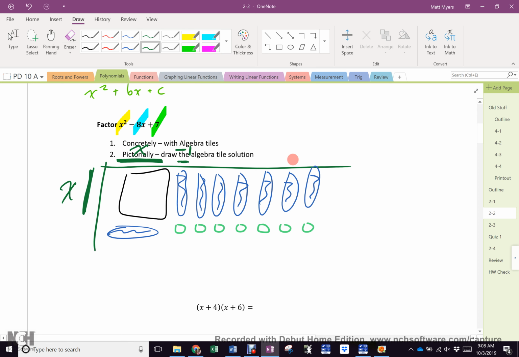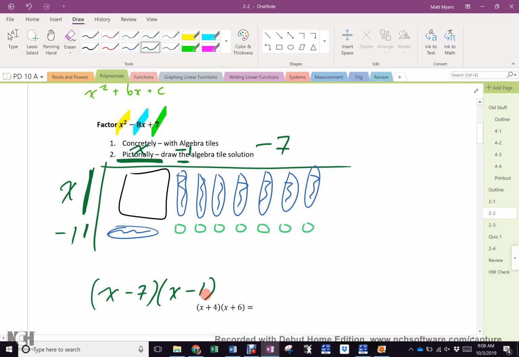And there are 7 of them, yes? So -7. What about this one? -1. Now, of course, negative times a negative gets me a positive. So what are the factors of this? The factors live on the edge. X minus 7 and X minus 1.